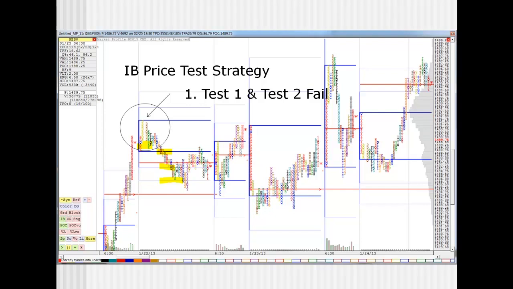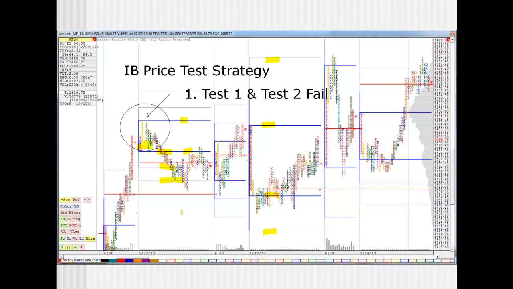Now keep in mind that with a tight or small IB range, the realization of the first and second target are quite high. Once we begin to see wide initial balances, as we do in this case here, the chances that we would get to a 150% or a 200% get reduced significantly. So keep that in mind.